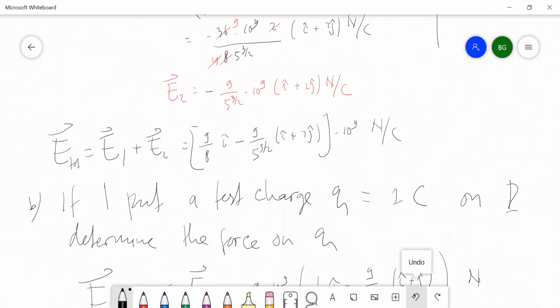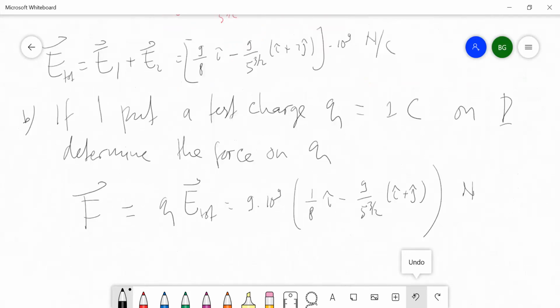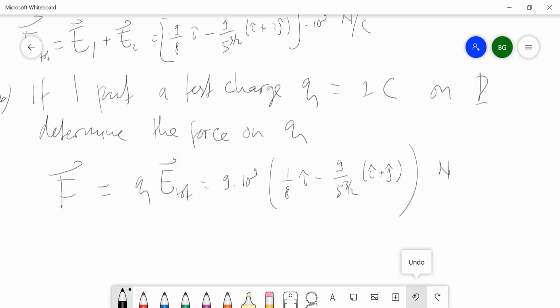So if we put a test charge, a 1 coulomb test charge, at B, we could determine the force on Q. The force on Q is Q times the total electric field.